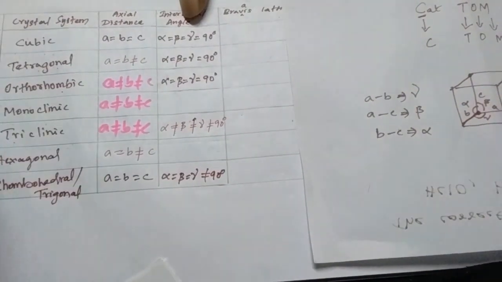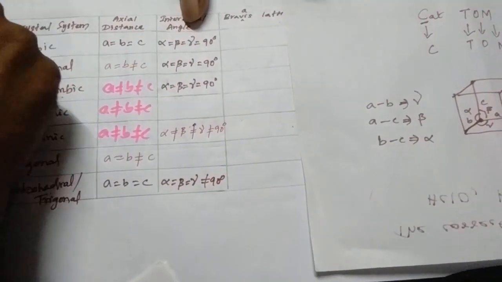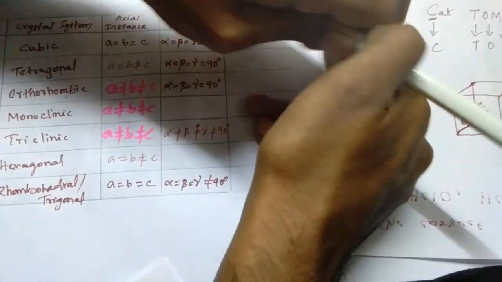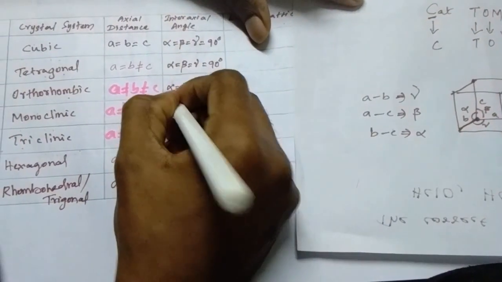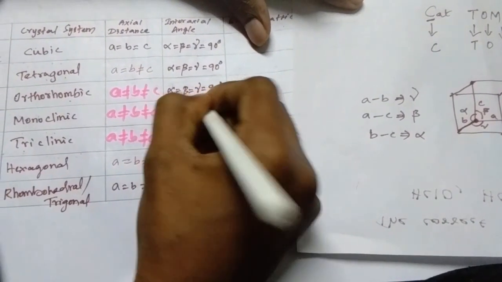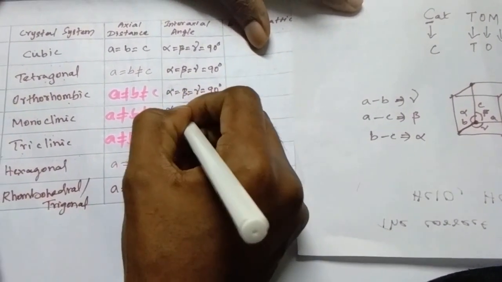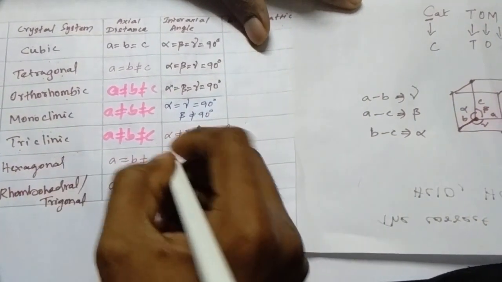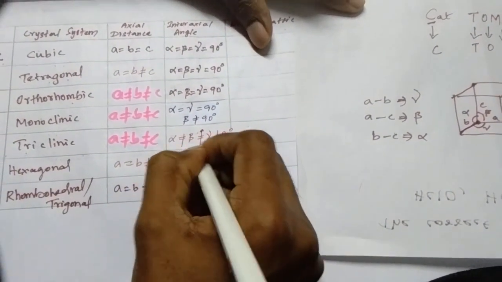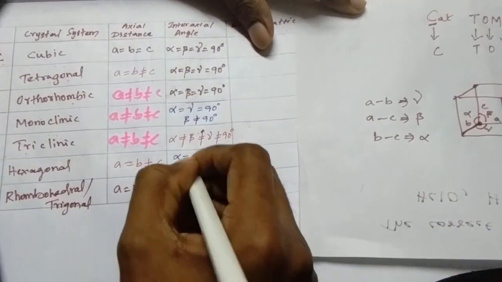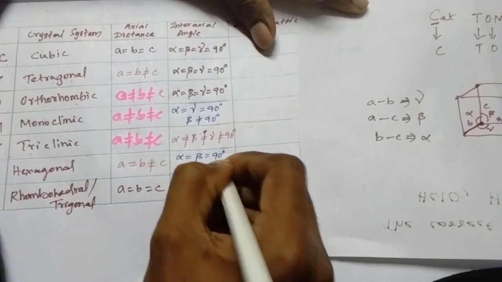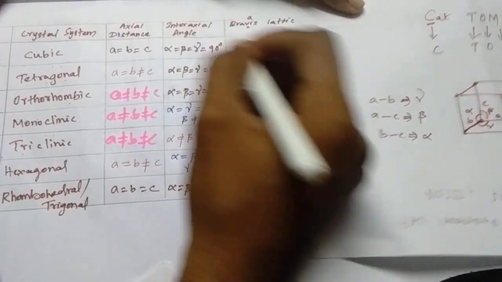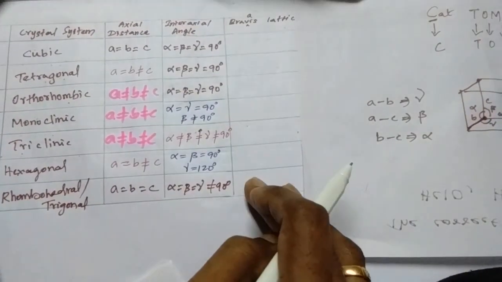For the other systems, monoclinic: alpha is equal to gamma is equal to 90 degrees, beta is not equal to 90 degrees. In hexagonal, alpha is equal to beta is equal to 90 degrees, gamma is equal to 120 degrees. Based on this, you can write the interaxial angles.